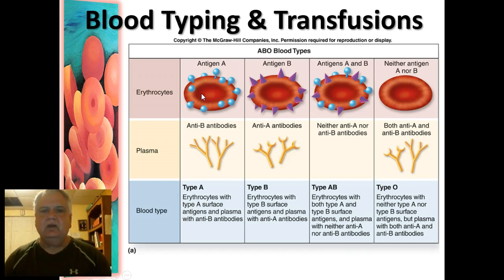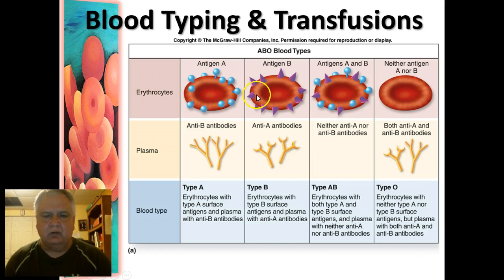So with regard to these antigens, we classify individuals as having either type A, type B, type AB, or type O blood. An individual with type A blood will have these surface proteins sticking up off the red blood cells. These surface proteins, which we're going to show as little spheres here, we're going to designate as A antigens.